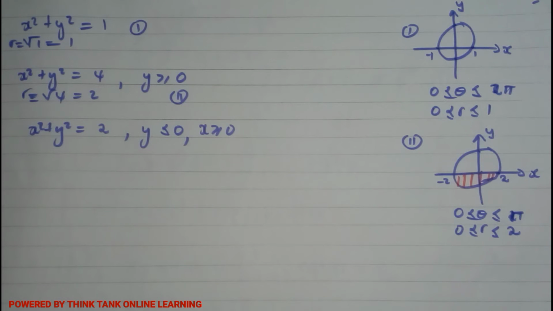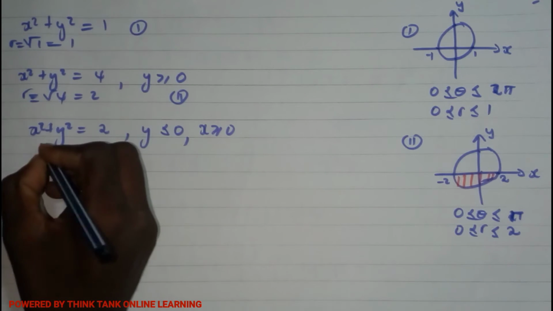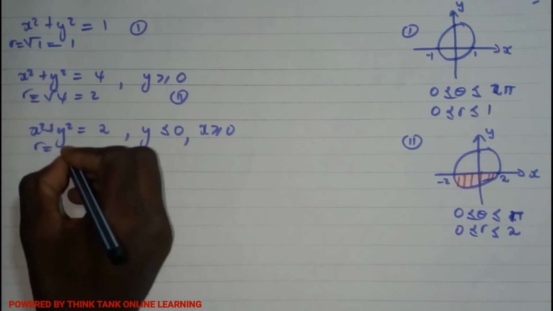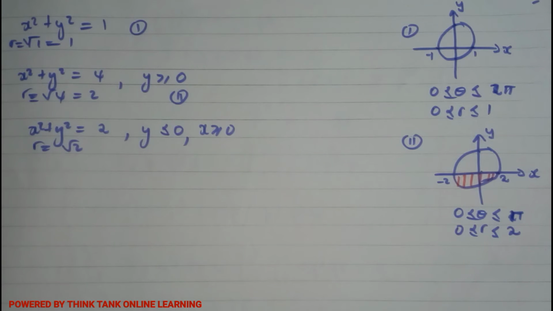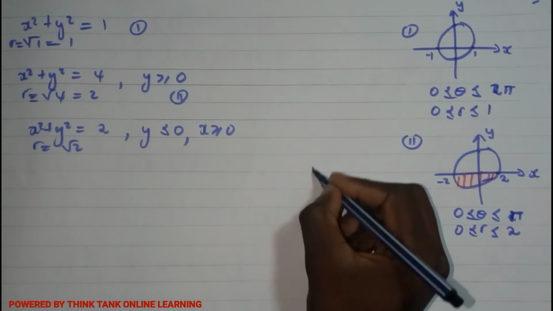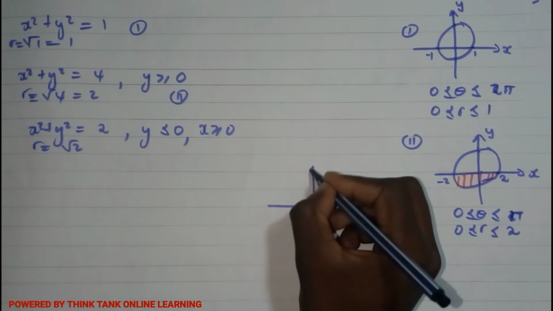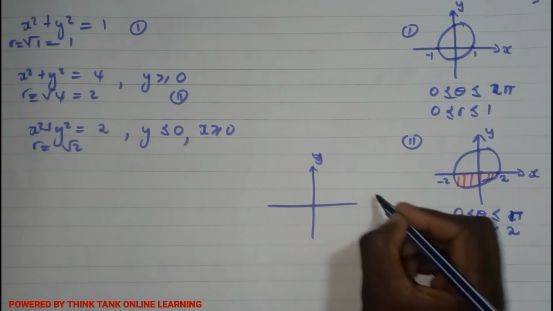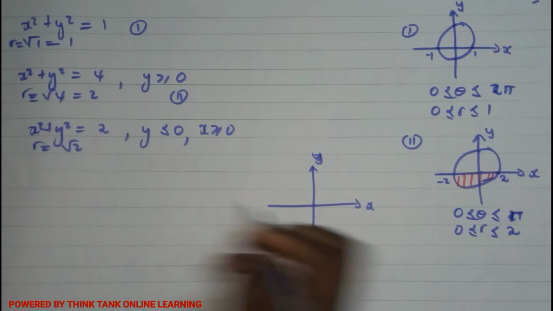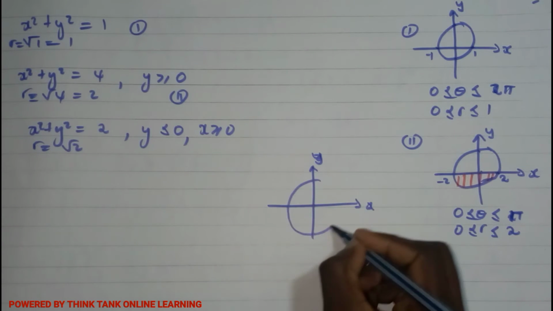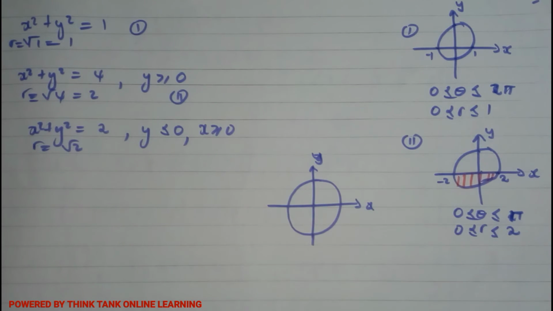First of all, the radius is still the square root of a. In this case a is 2, so the radius is root 2. I'm going to draw my third circle here, with y and x axes. The origin is still the center.